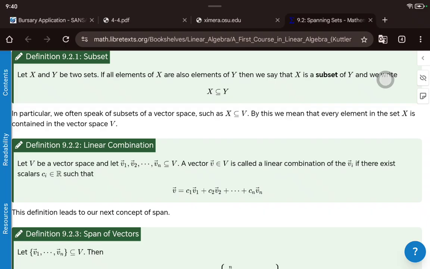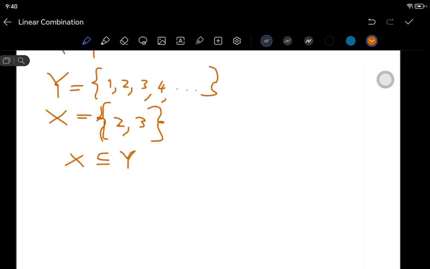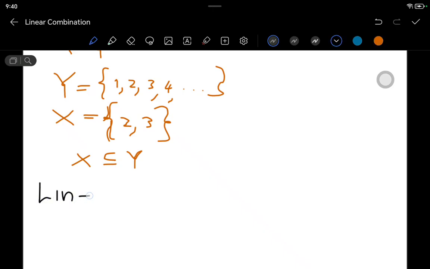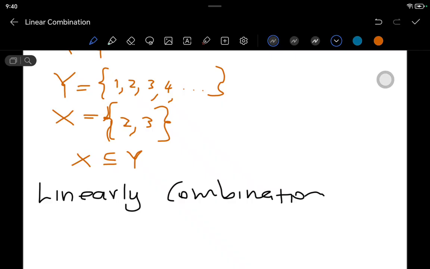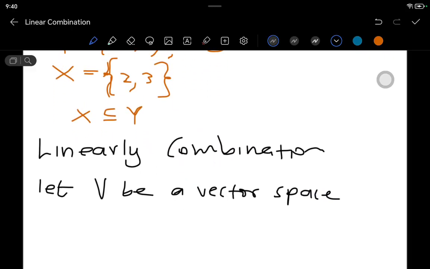For linear combination, we are saying that if we let V be a vector space, and we take some collection of vectors to be a subset of V. Let V be a vector space, and we take some vectors V1, V2, V3, up until Vn, because we don't know how many we can take, to be a subset of V.